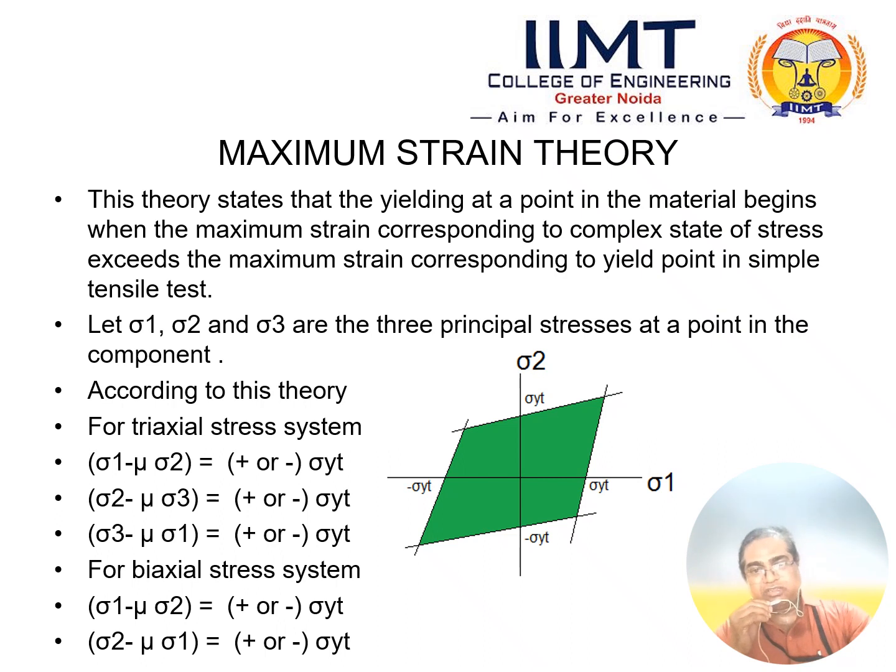So we can draw the safe region for the biaxial stress system. As we know, sigma 1 and sigma 2 are two mutually perpendicular stresses, and if sigma 1 is maximum, sigma 1 is on the x-axis and sigma 2 is on the y-axis. In these four equations, sigma 1 and sigma 2 are the variables, and mu and sigma yt are the constants.